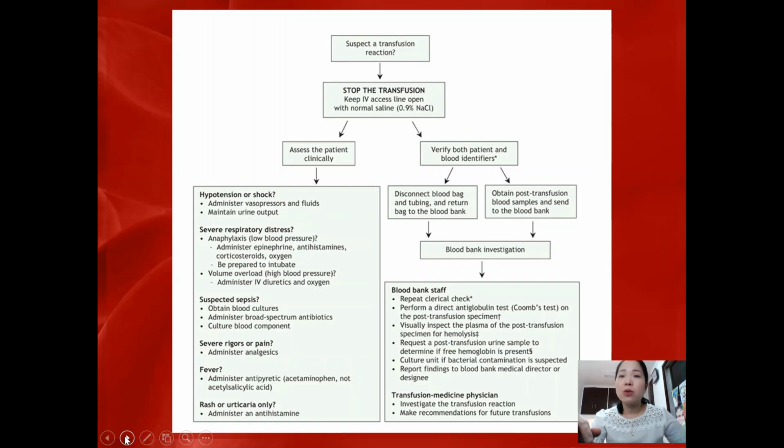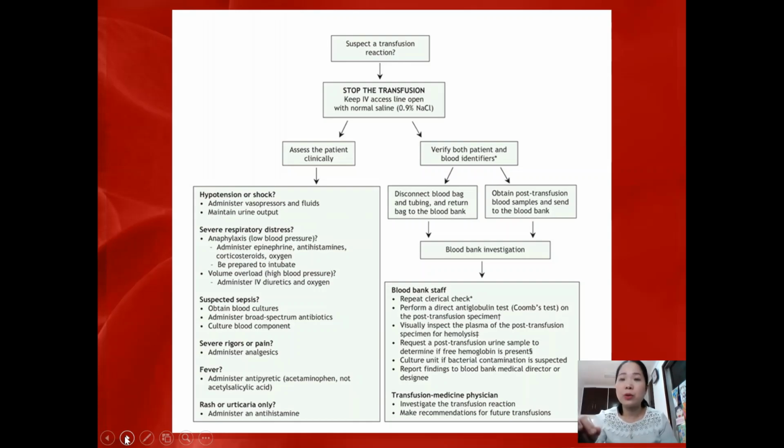Okay, so aside from this hypotension, you check for crackles all over. What about the skin? Is there skin manifestation? Is there edema, periorbital edema, or wheals all over the body? Is there a suspected sepsis? Is there fever? Is there chills? Can you give oral medications such as your antihistamines?